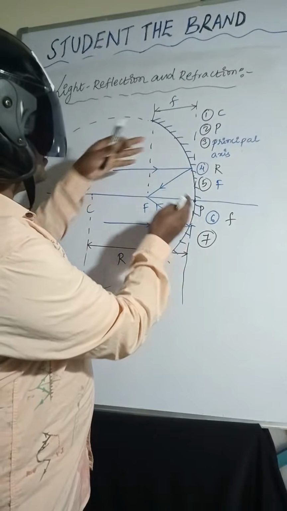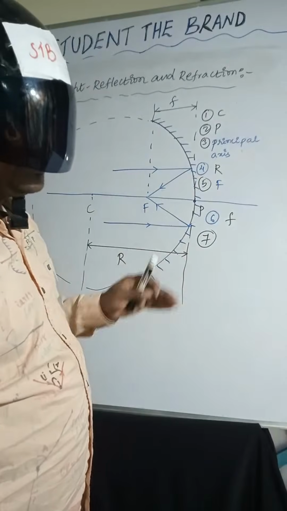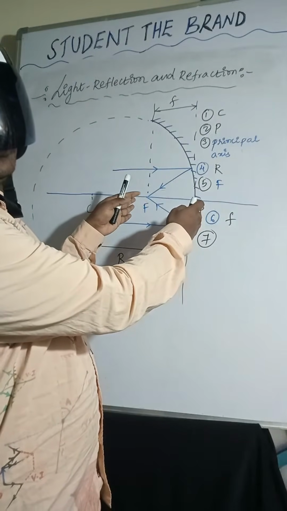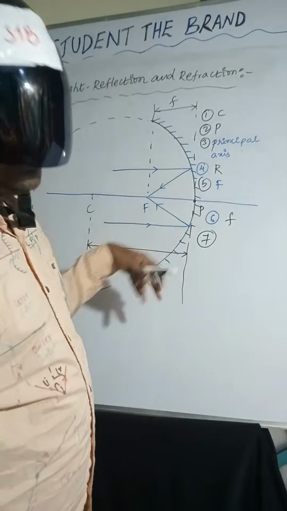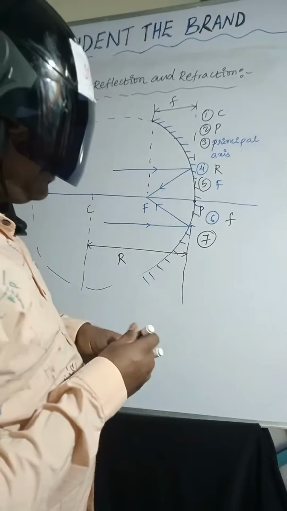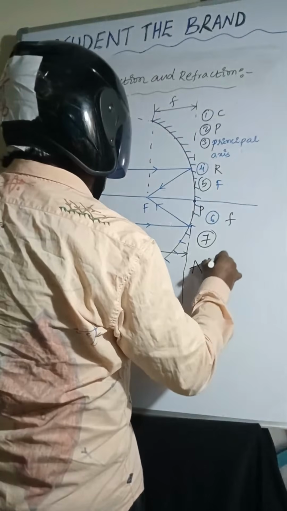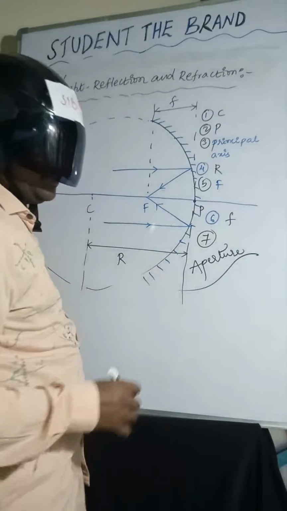After reflection, all light rays meet at one point on the principal axis, that is called focus. The distance between focus and pole is called focal length, and width of the mirror is called aperture.